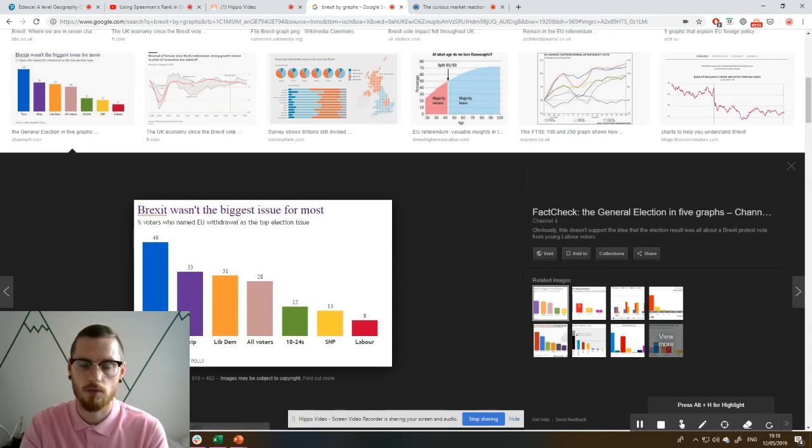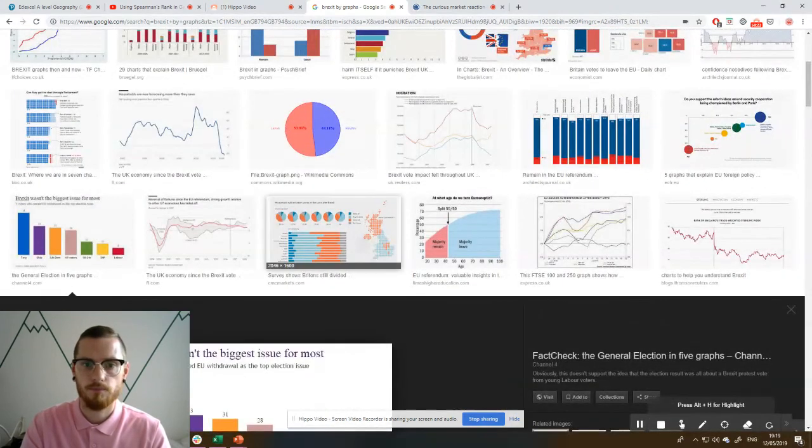Some may have decided that they wanted to leave, they wanted Brexit, because immigration was the main factor motivating them to make that choice. But there'll be other people who wanted to leave the EU, but that wasn't their main reason why. So there's different policies that could have influenced how far they are on the spectrum. Keep going up here.